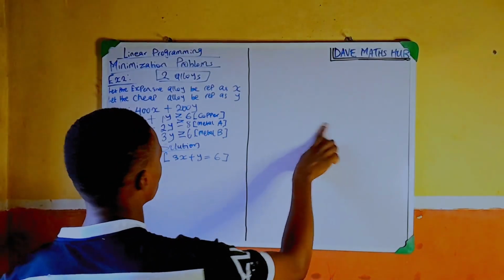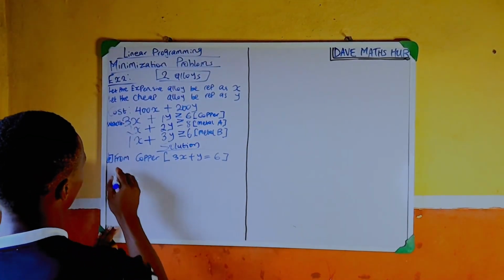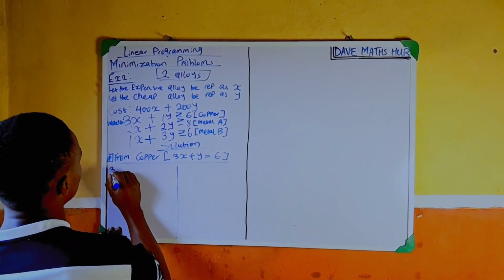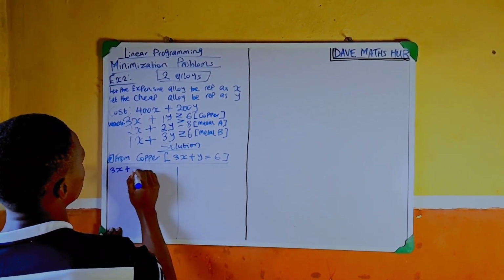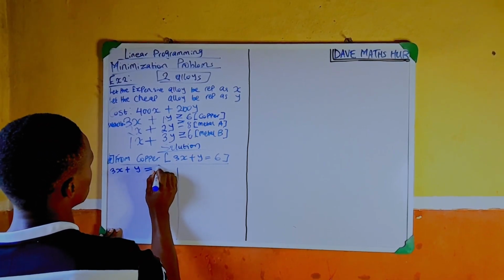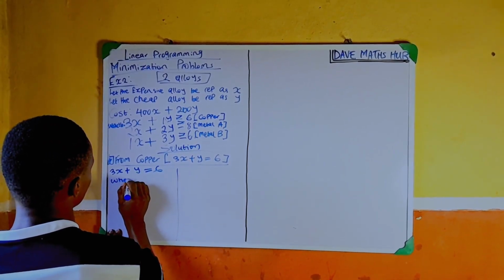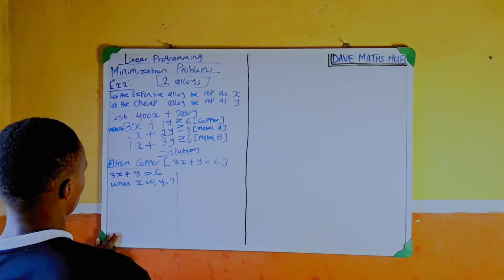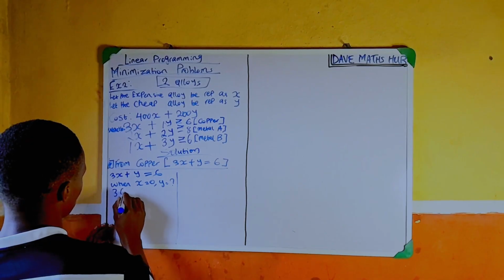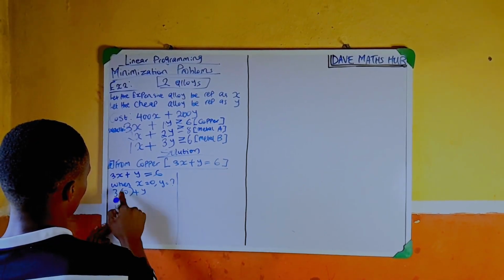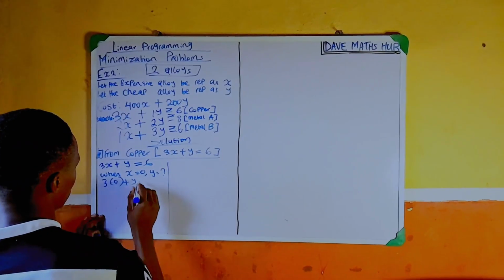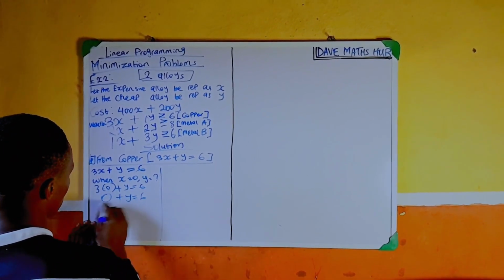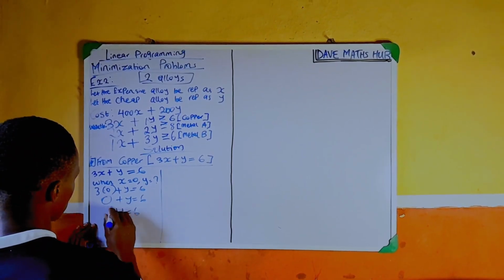So this will be from copper. They will say 3x plus y equals 6. When x is equal to 0, y is equal to what? Substitute: 3 times 0 plus y equals 6, so 0 plus y is equal to 6.